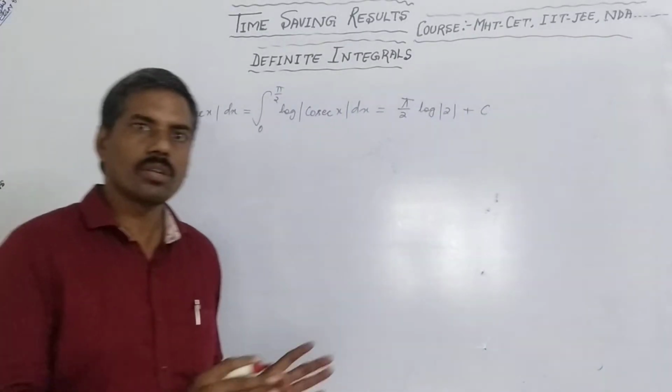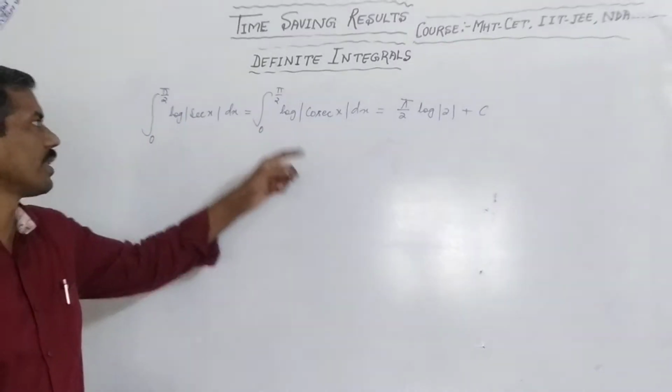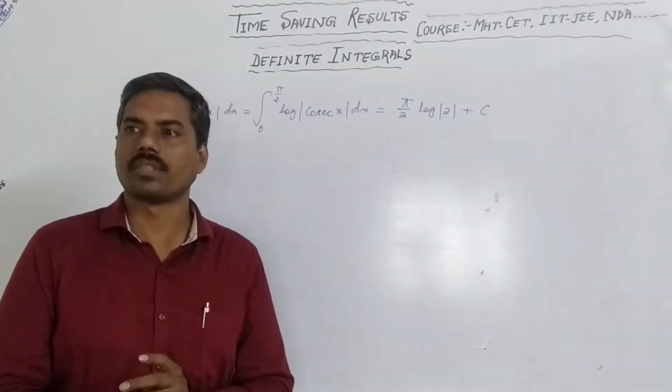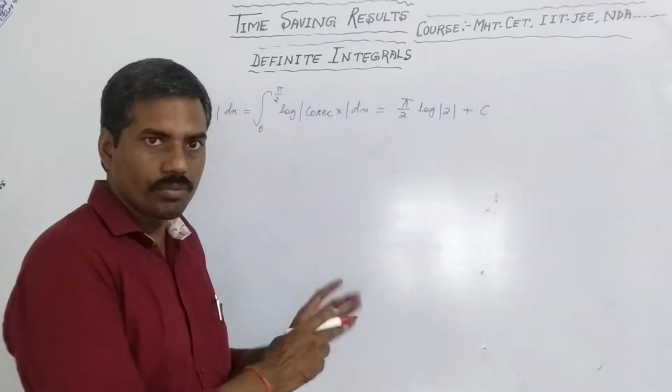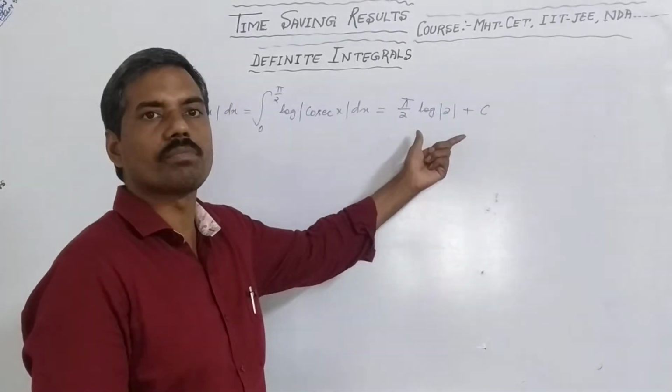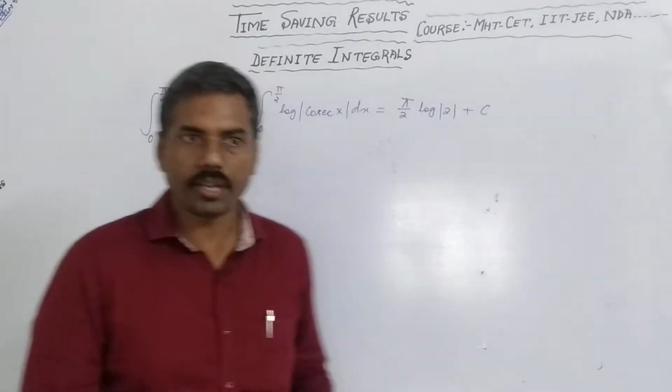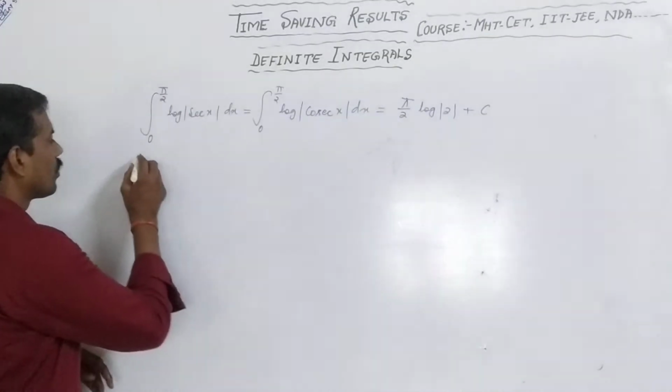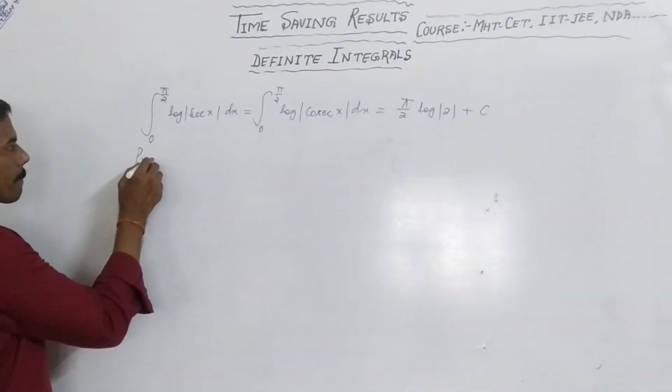First of all, we will prove these two integrals are equal with each other. After that, we will prove these two have the same result, pi by 4 log of 2. Let us start to prove, taking the left hand side.